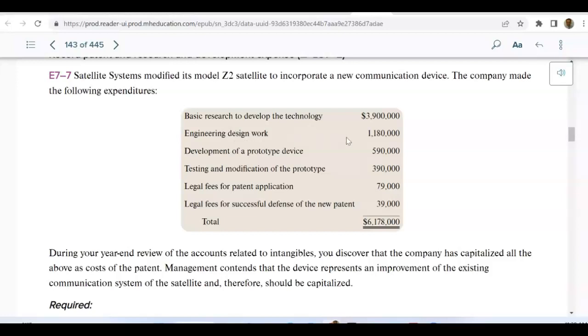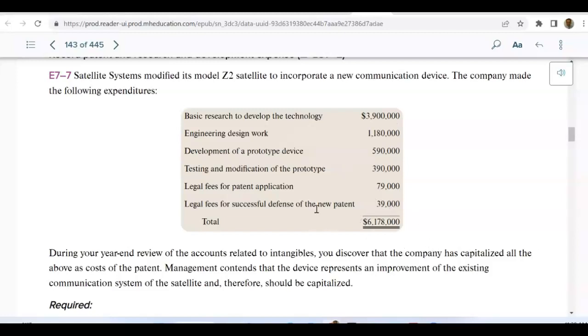Engineering design work, 1.180. Development of prototype device, 590. Testing and modification of the prototype, 390. Legal fees for patent application, 79,000. Legal fees for successful defense of new patent, 39,000.